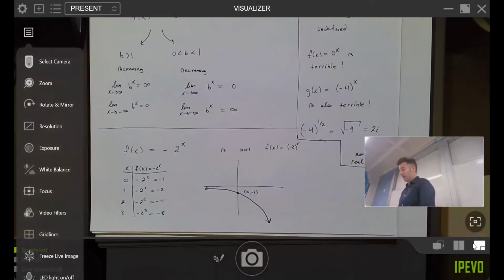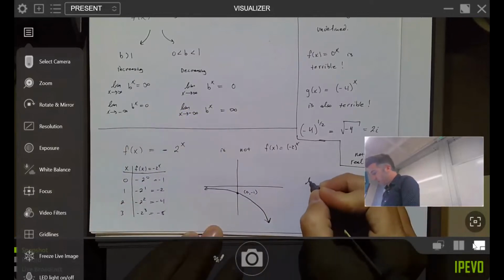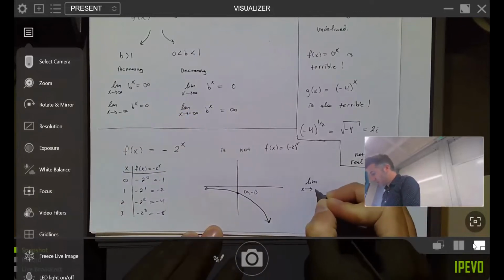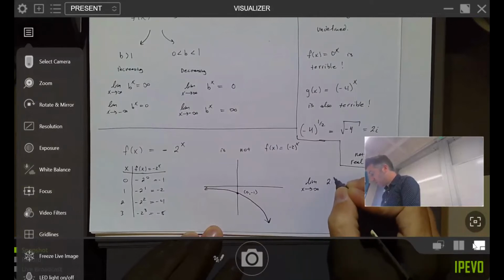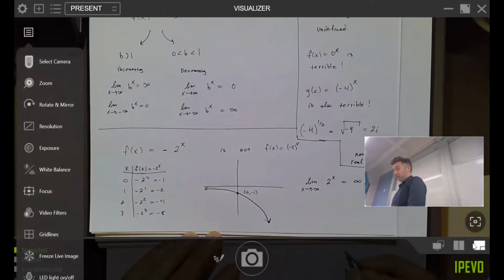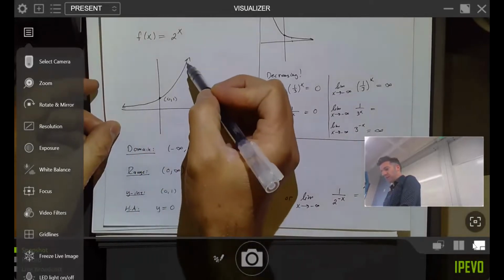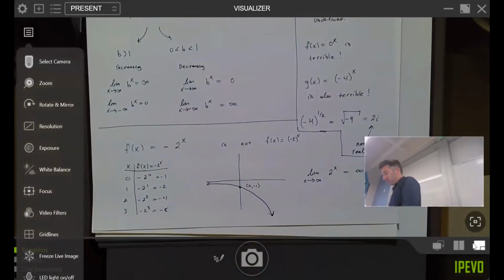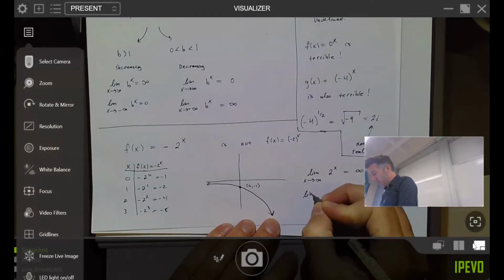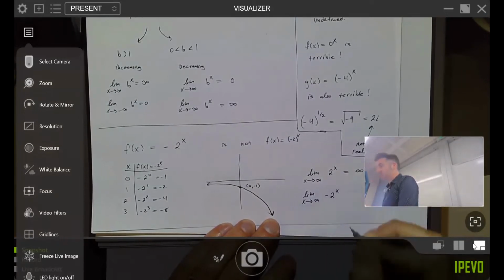And then in fact, we can just use what we had before. If I know that the limit as x goes to infinity of 2 to the x is equal to infinity, because as x goes to infinity, 2 to the x goes to infinity, well, if I put a negative sign in front of it, I'm really just multiplying the whole thing by -1.